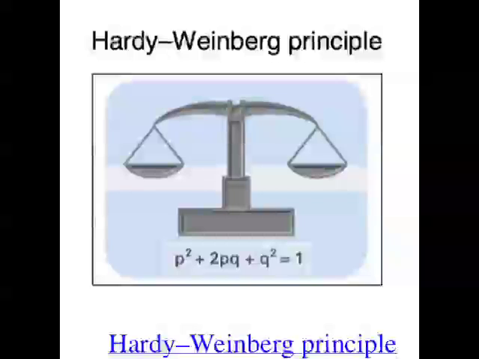Now, when we're analysing allele frequencies, the frequency of the allele controlling the dominant trait is denoted by the letter P, and the frequency of the allele controlling the recessive trait is denoted by the letter Q. And in fact, P plus Q always is equal to 1.